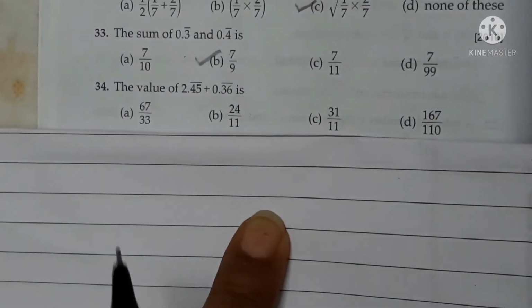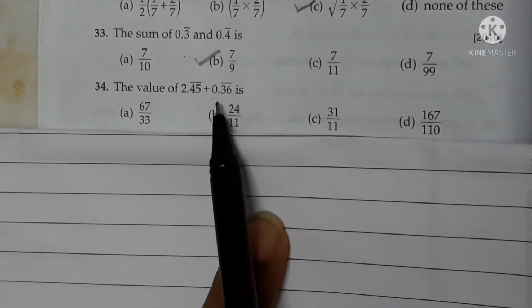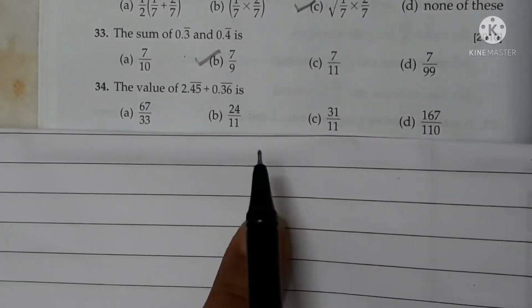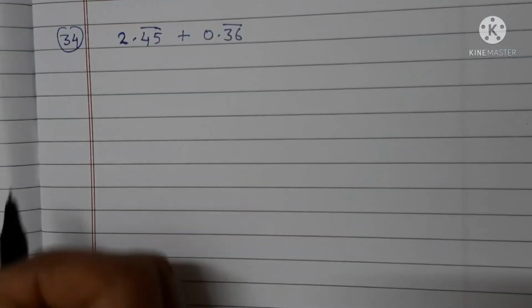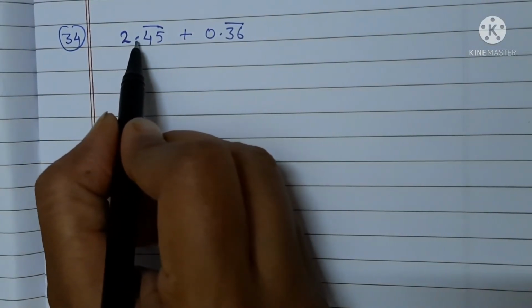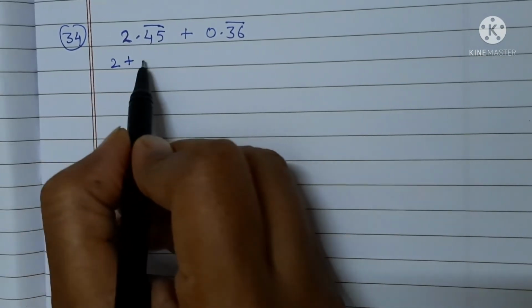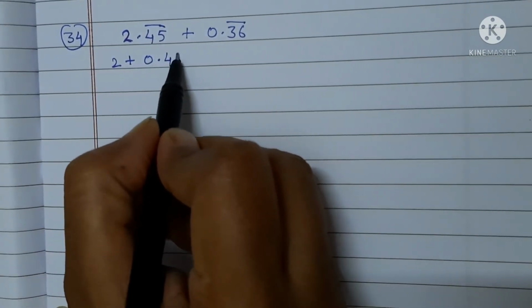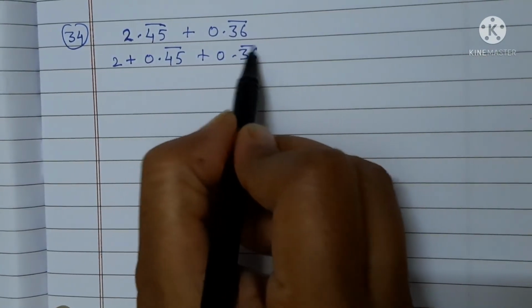Now question number 34. The value of 2.45 bar plus 0.36 bar. We will use the shortcut method for multiple choice questions. See the solution. Here 2.45 bar. So break it, 2 plus 0.45 bar plus 0.36 bar.